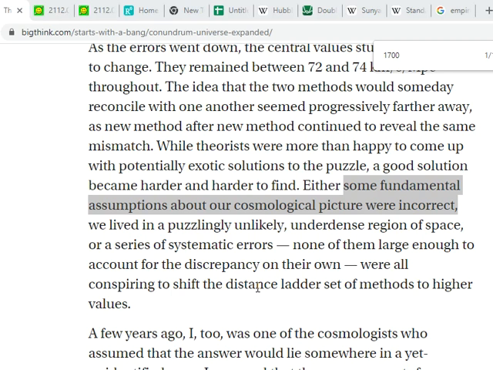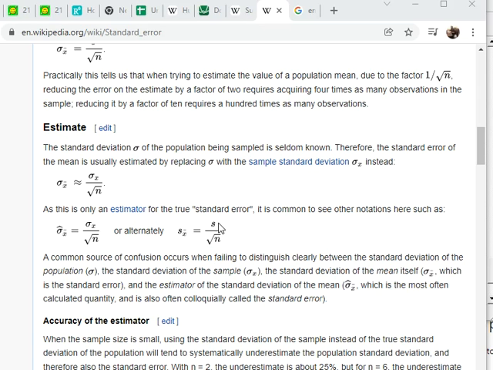The assumption that the deviations in Hubble's constant can be eliminated by dividing the actual standard deviation by the square root of the number of measurements that you've made is a fallacy.